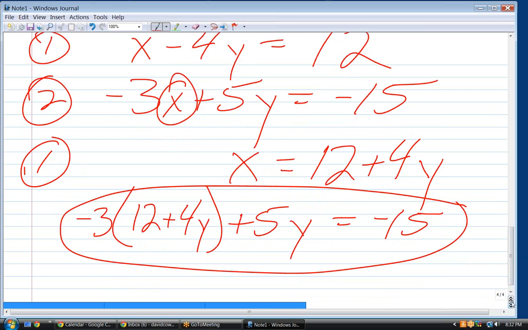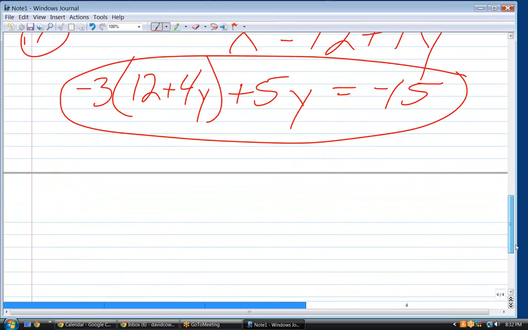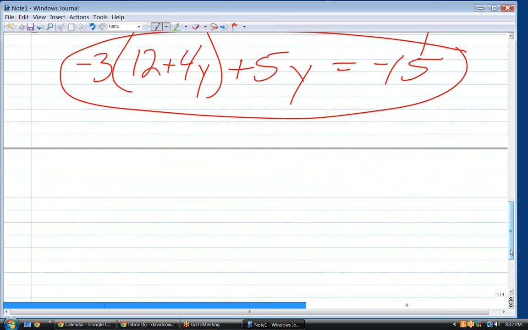Let's solve it. And this time, let's solve the whole problem because up until now, we've only been solving for one variable. And they always want both variables. So this allows us to solve for y. Then we'll go back to one of the original equations and solve for x once we get an answer for y. So what's the next step here?